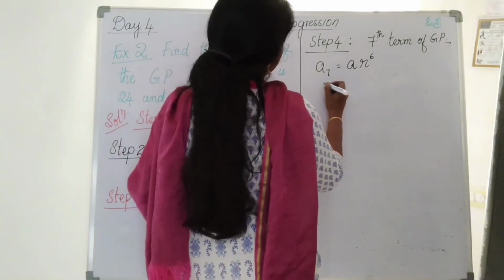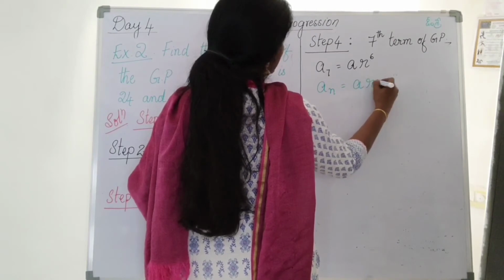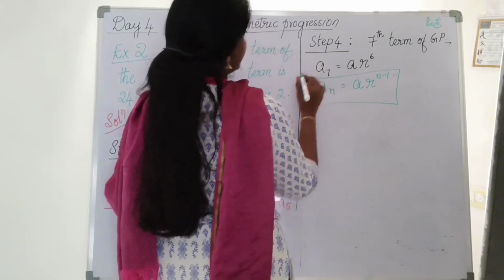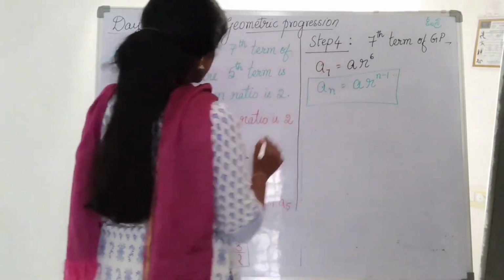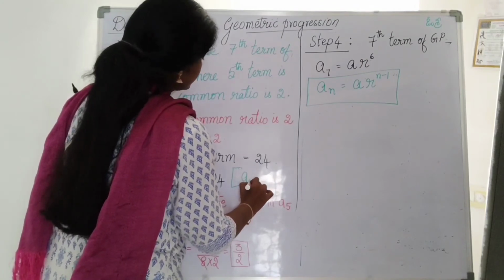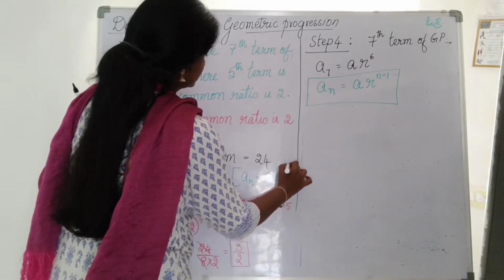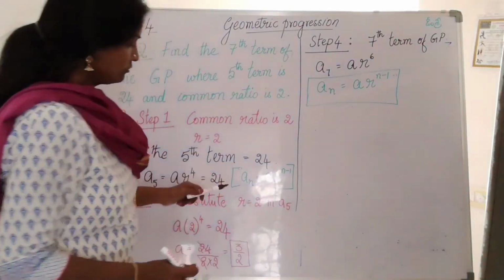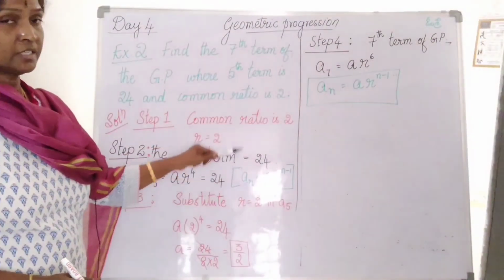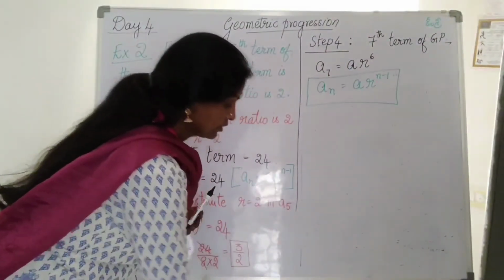I'll write here. An is equal to A into R to the power of n minus 1. So this is the nth term formula that we are using for the fourth step, and even for the fifth step also we consider this one only. If you write the formula wherever it is required, you can remember it for further studies.